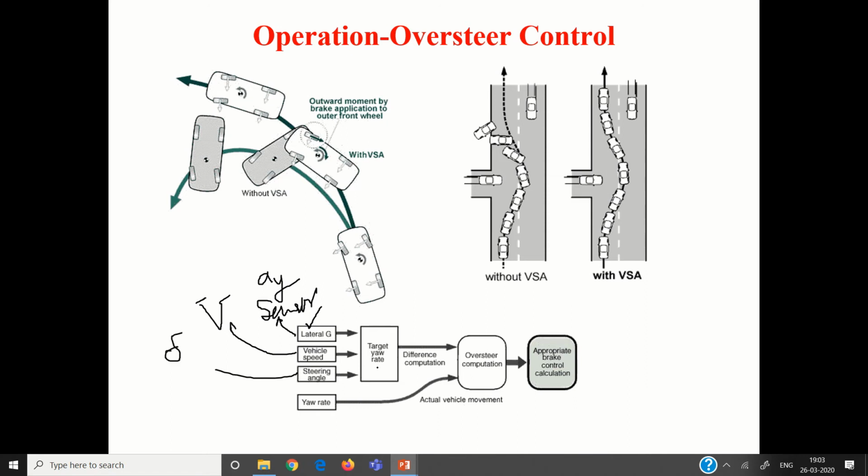What is the maximum lateral acceleration, maximum vehicle speed, all this kind of thing is fed here. All these sensors will feed the actual values. Or what is the real yaw rate, you can compute, and which direction it is yawing, all these things you can compute over here.